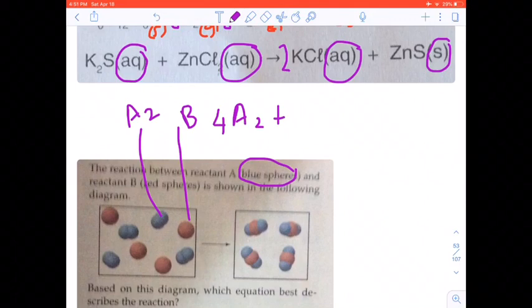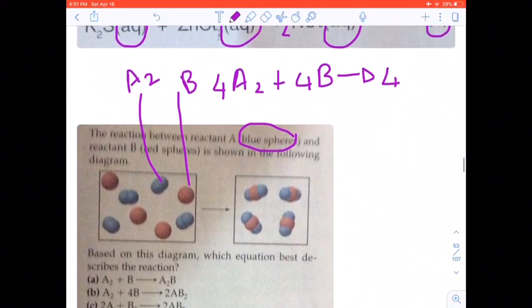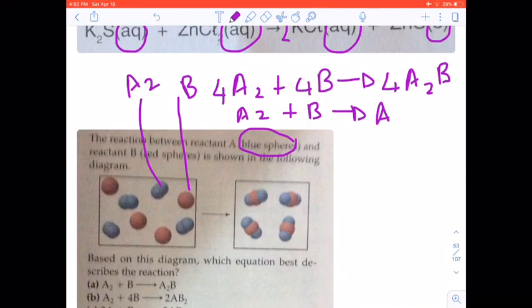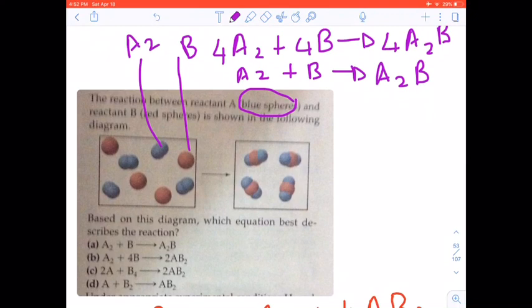And we got 4 of B, and that gives us 4 of A squared B, right? And then that reduces to A squared plus B, which then gives us A squared B, right? Which would be that one.